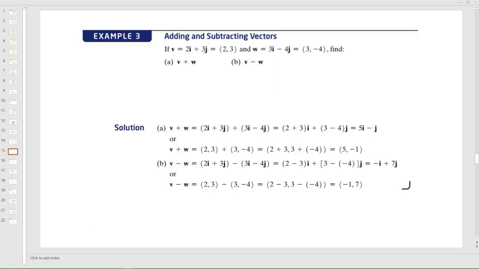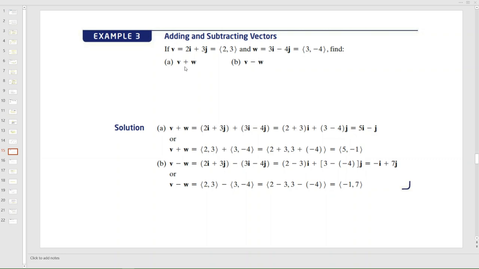Okay, so now let's use algebra to find the sum of two vectors or the difference of two vectors. So these are understood to be in the algebraic form. So the initial point is at the origin, and it goes a magnitude of 2 in the x direction and a magnitude of 3 in the y direction. And so we can rewrite it as 3i minus 4j, because i is 1 unit in the x direction and j is 1 unit in the y direction. Okay, so v and w are so described.